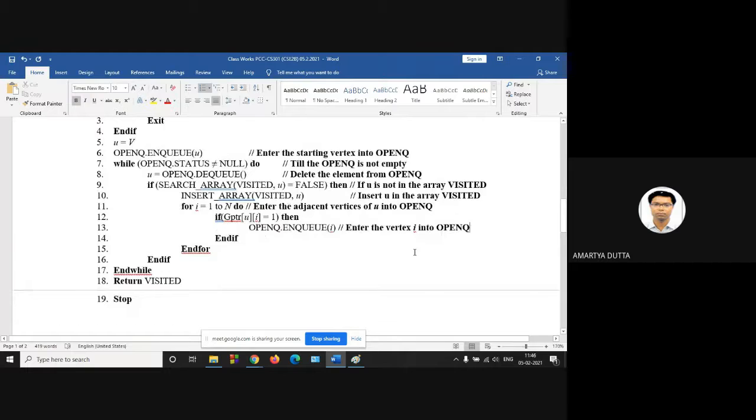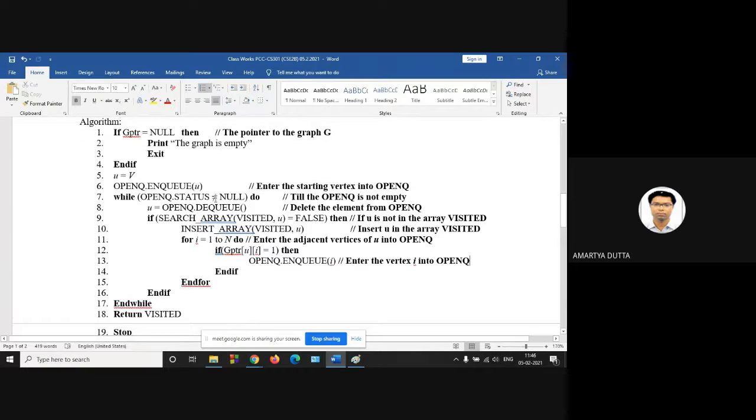Okay, and end if, end while, end visited, and stop. So this is your breadth first search algorithm from line number 1 to line number 19. I will explain it with the example.